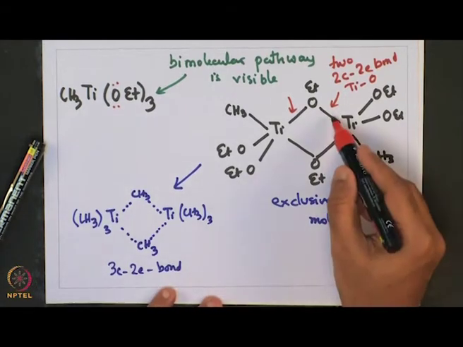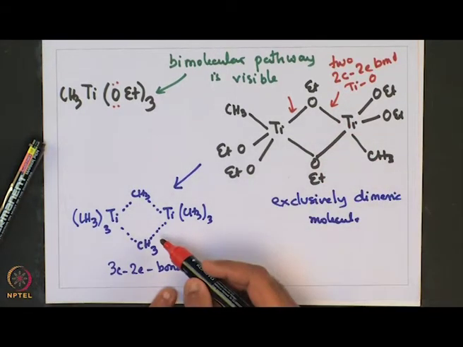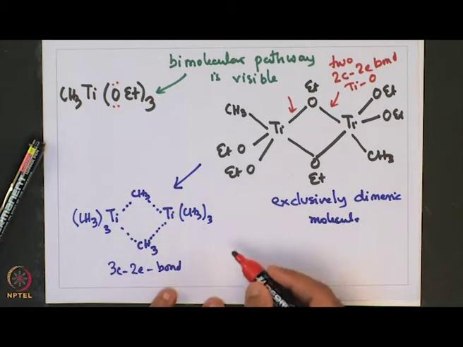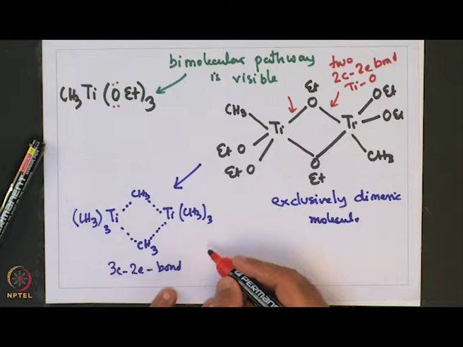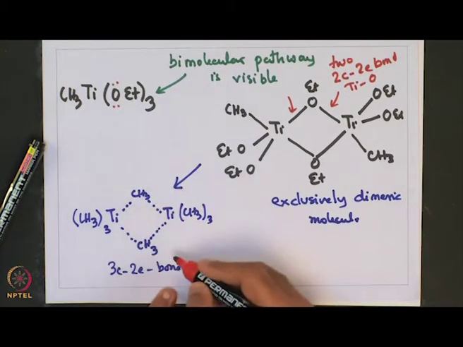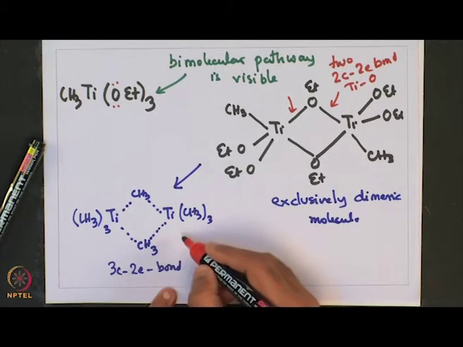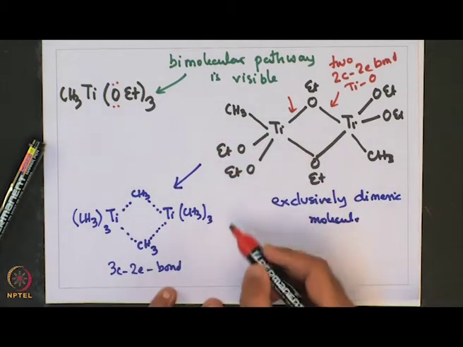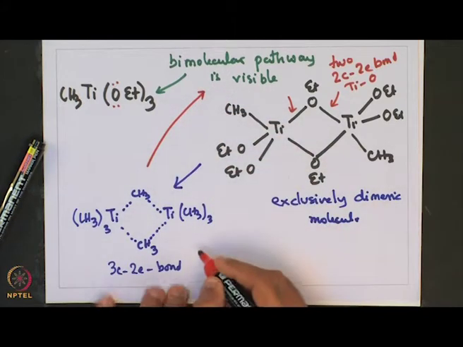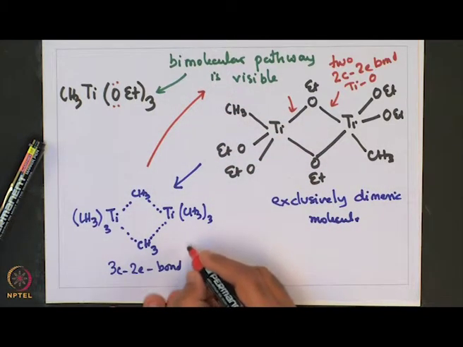Otherwise, this bears testimony to the fact that titanium is both electronically as well as coordinatively unsaturated in the titanium tetramethyl complex, and that it undergoes the decomposition pathway using this bimolecular mechanism.